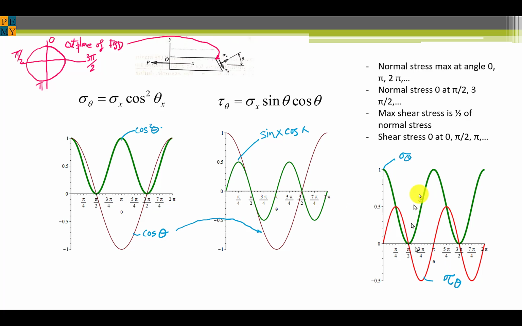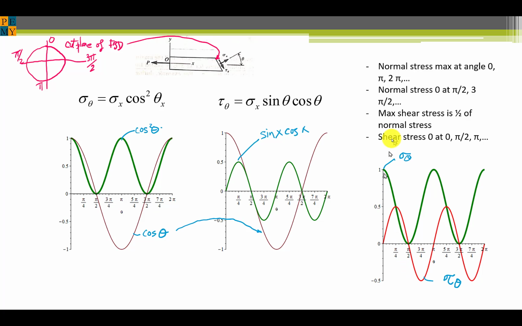These two functions are plotted here. The green is if you multiply by sigma x, the axial force or stress. Sigma theta, which will be the normal stress on the cut plane, is oscillating like the green line, and the shear stress is oscillating like the red line.